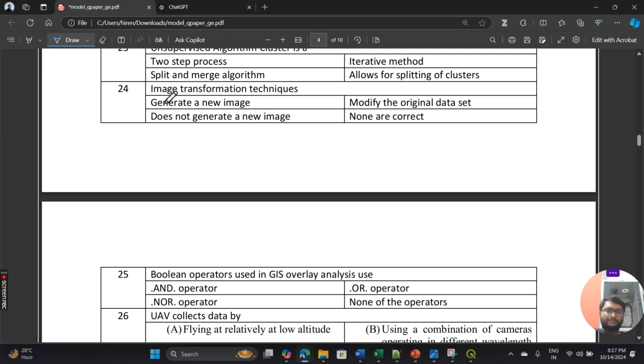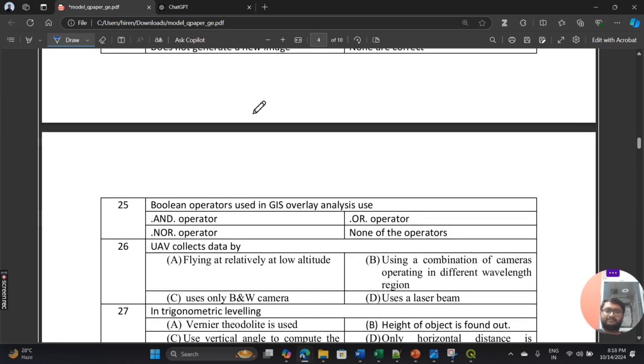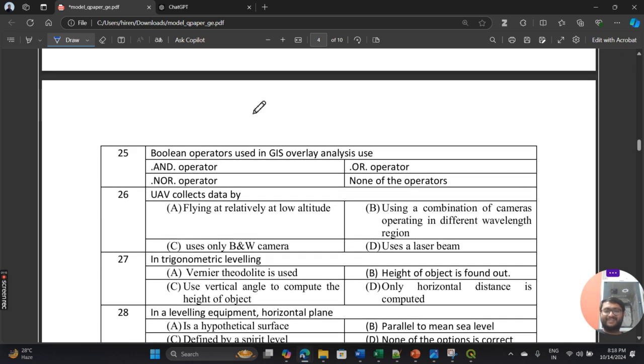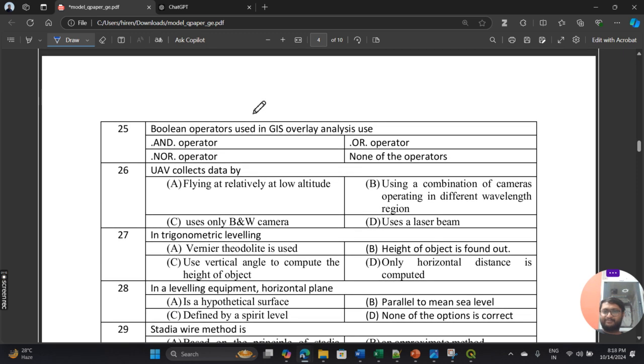Okay, so the option generate a new image should also be correct, because once we do the transformation it generates a new image. But if they are talking about an entirely new image, then it's not correct. If we see it as a variable which stores the image, then it's true. This kind of ambiguity comes up while you are writing an exam. What we are doing right now is solving impromptu questions.